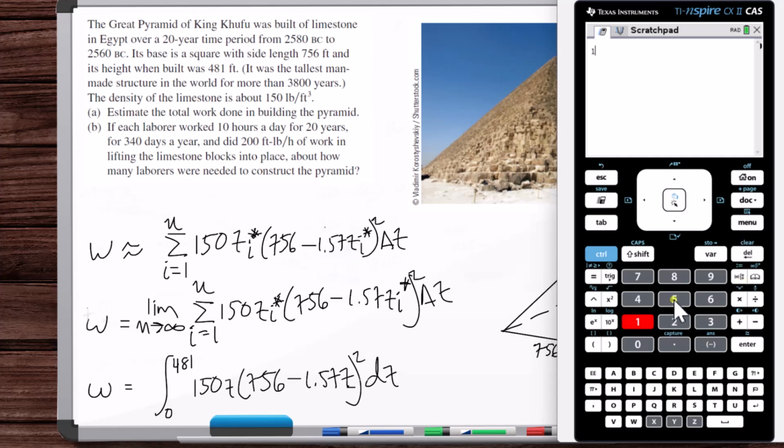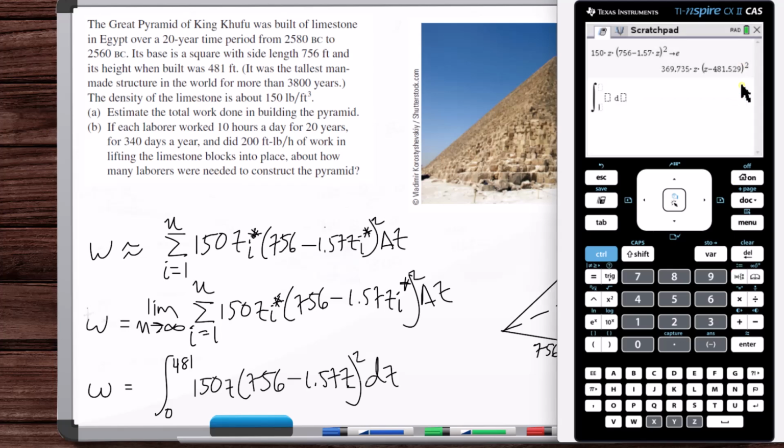So the equation is 150 times z times 756 minus 1.57 times z, all squared. Okay, store this as the equation.